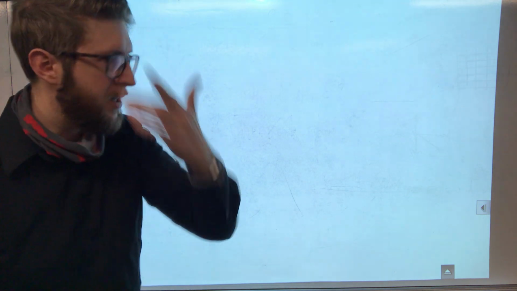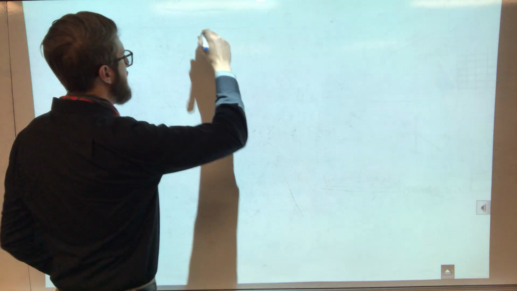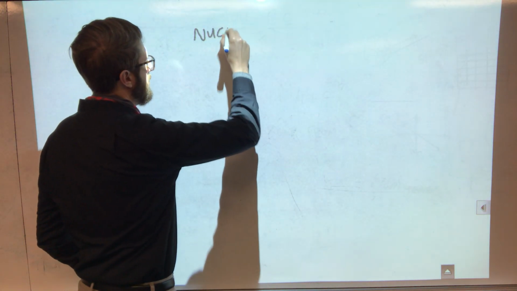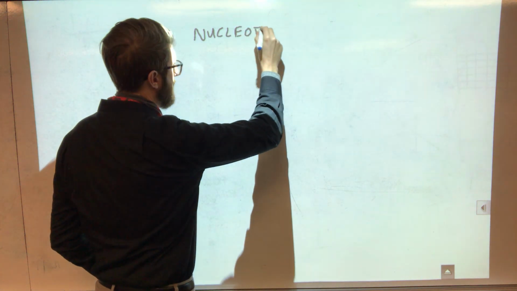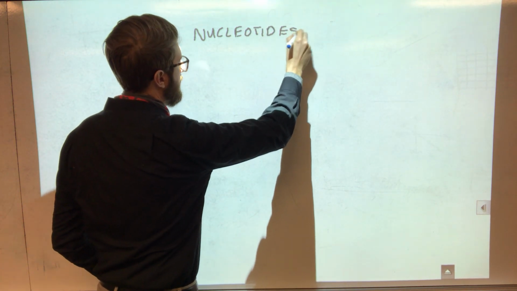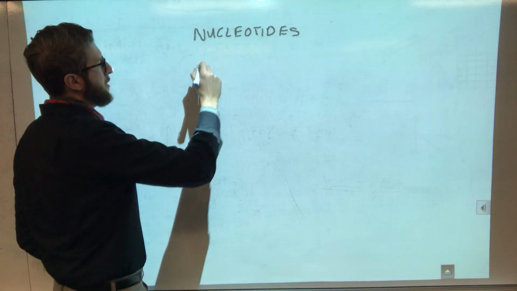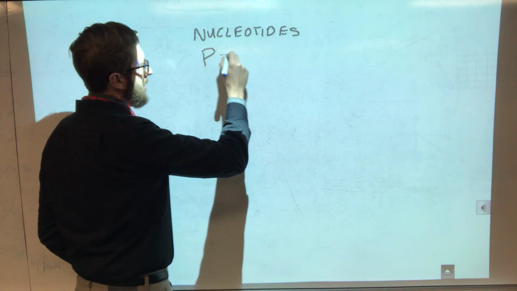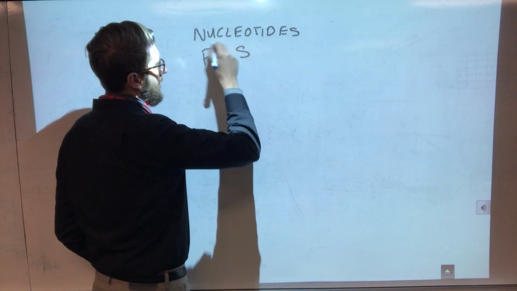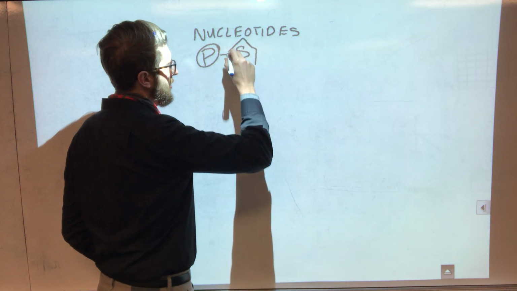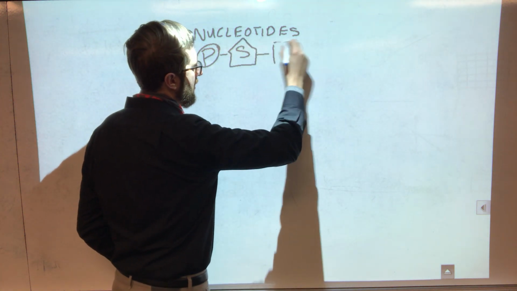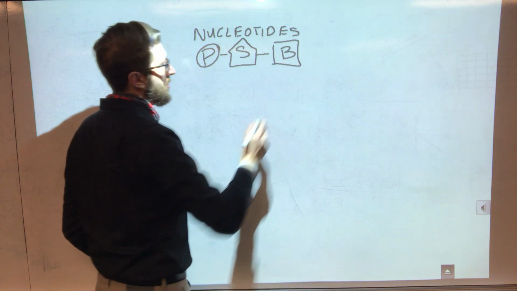Now remember, DNA is made up of these things called nucleotides. And remember that a nucleotide is made up of a phosphate, a sugar, and a base.